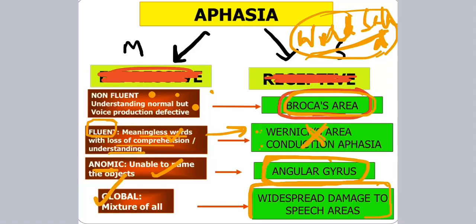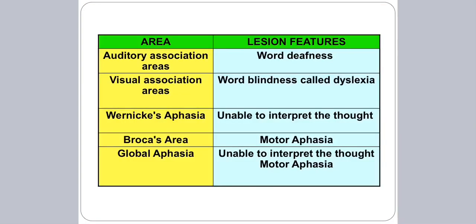If the auditory association areas are affected, there will be word deafness. If the visual association areas are affected, there is word blindness. That is called dyslexia, right? The patient cannot interpret the meaning of the words by looking at them.